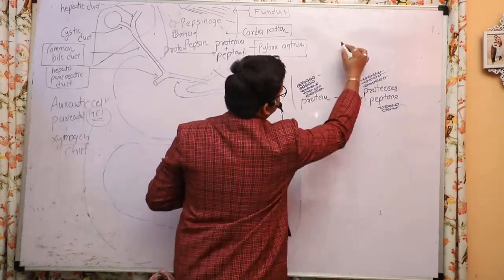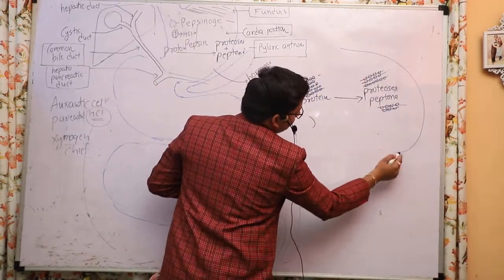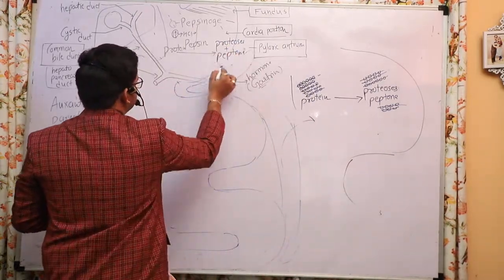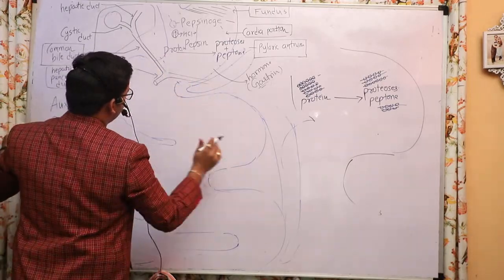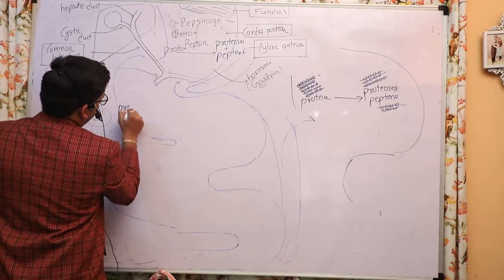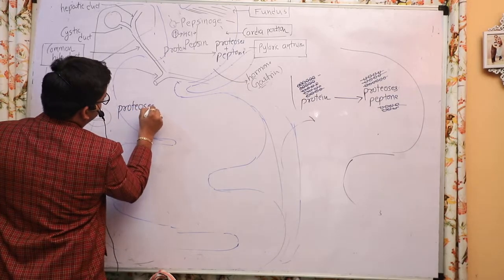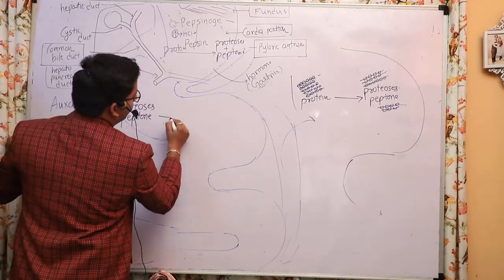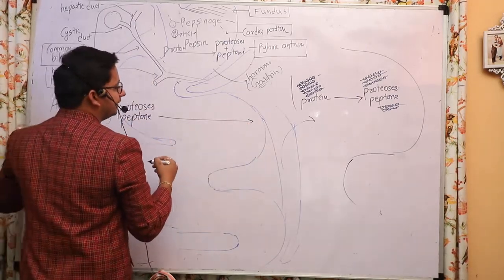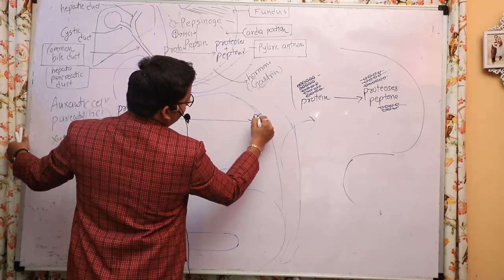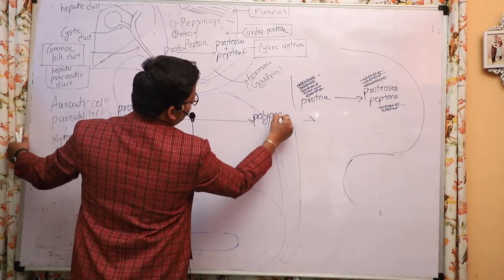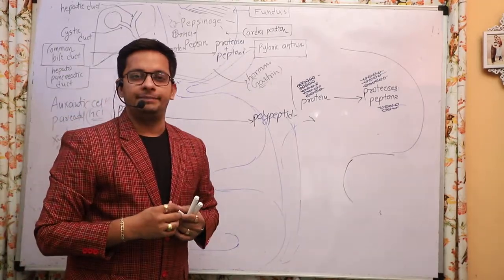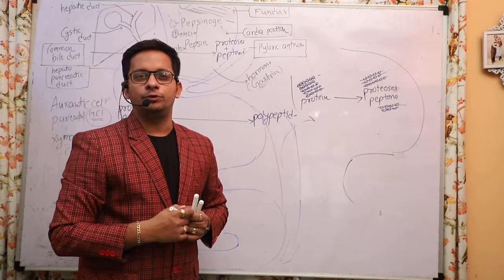This happens in the stomach. Now, what will happen in the duodenum? Because proteoses and peptone will enter into the small intestine. This will be converted into polypeptide. But how? And what is polypeptide?